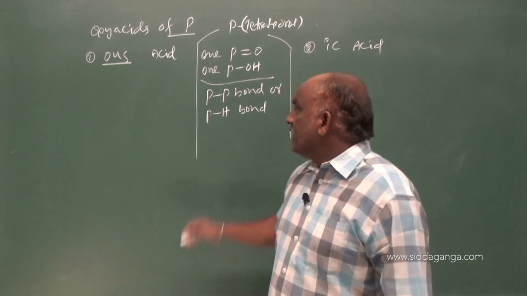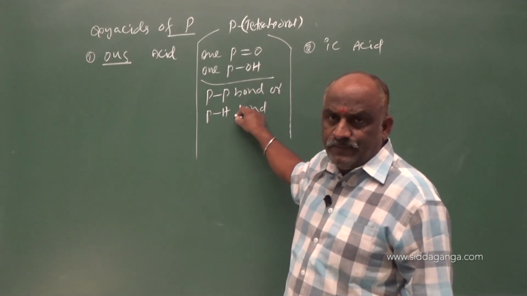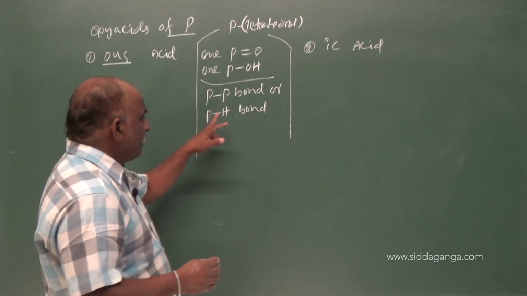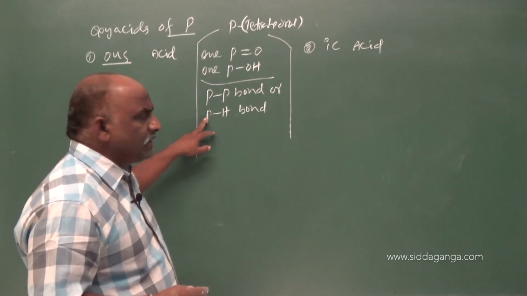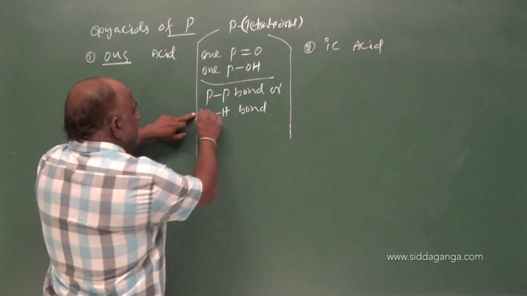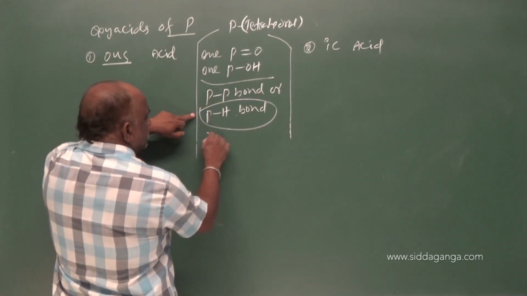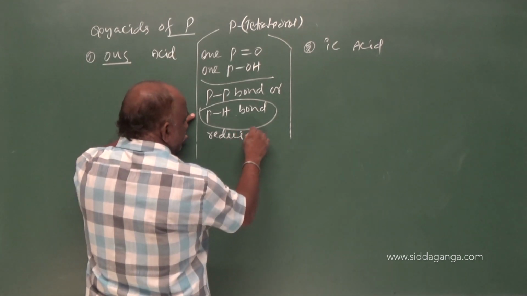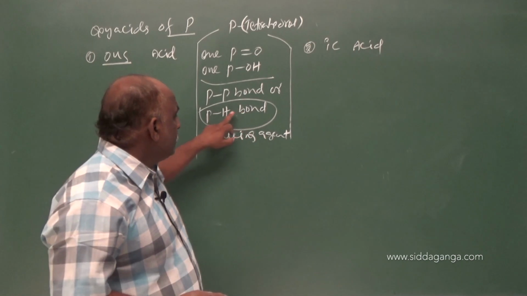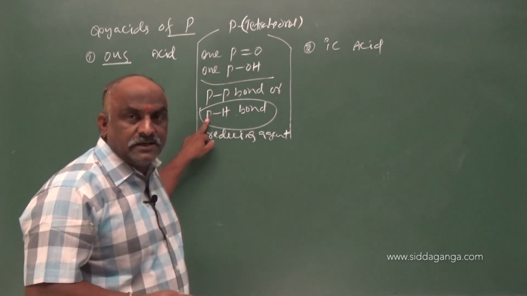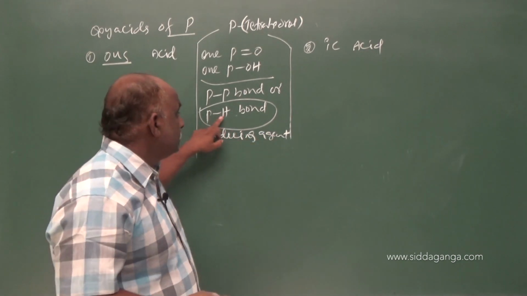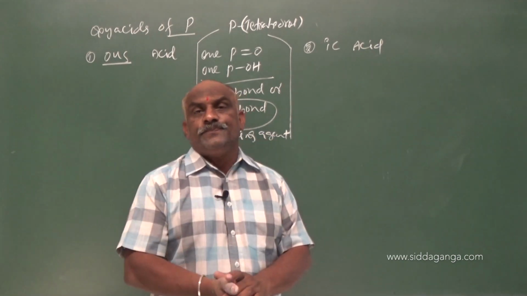So according to this information, you have to make a note, my dear students. This is very important. If hydrogen is directly connected to phosphorus, these types of compounds are called reducing agents. Strongest reducing agents they are. A hydrogen atom directly connected to a phosphorus atom is said to be a strong reducing agent.